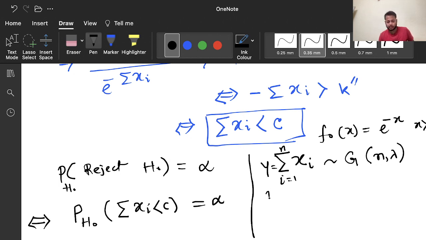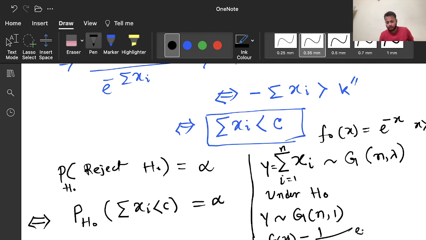under H0, the null hypothesis, y will follow gamma(n, 1), and f of y is 1 by gamma n, e to the power minus y, y to the power n minus 1.